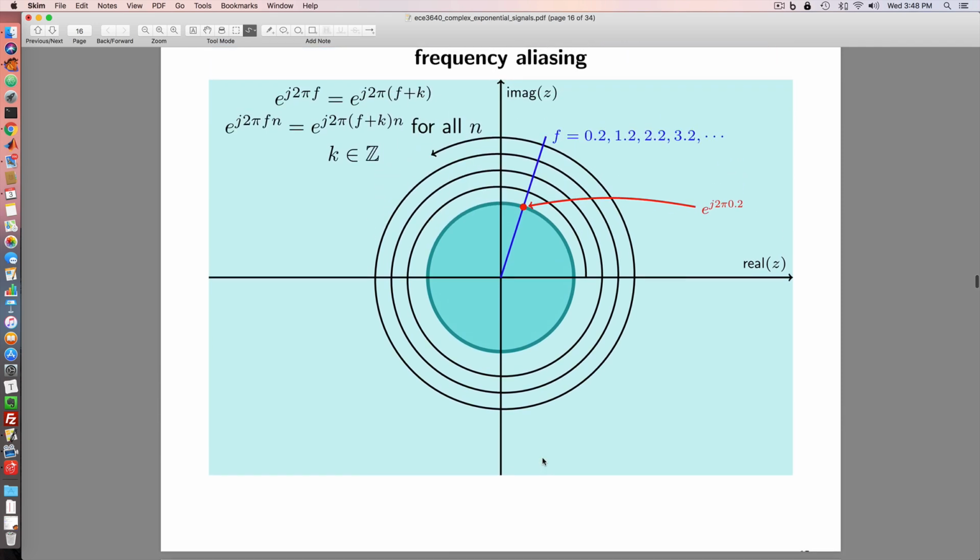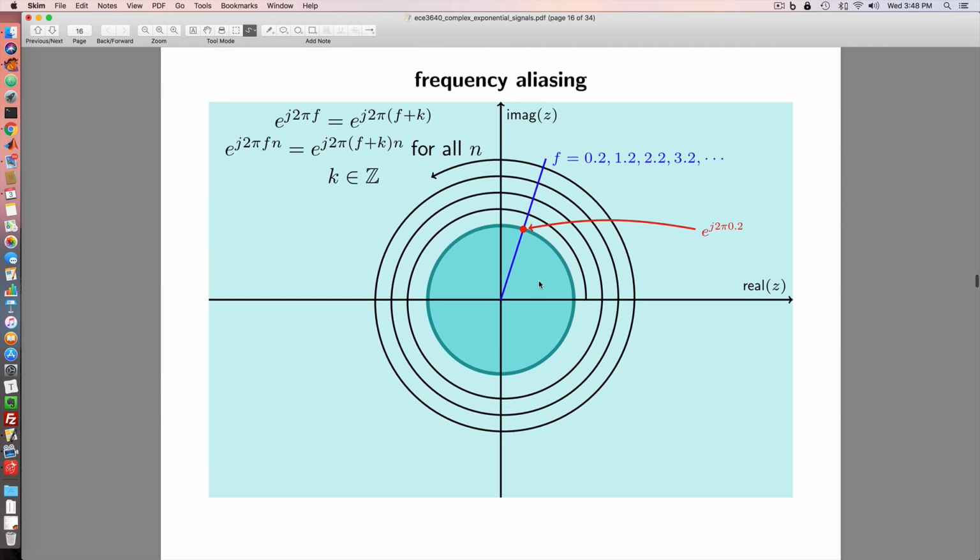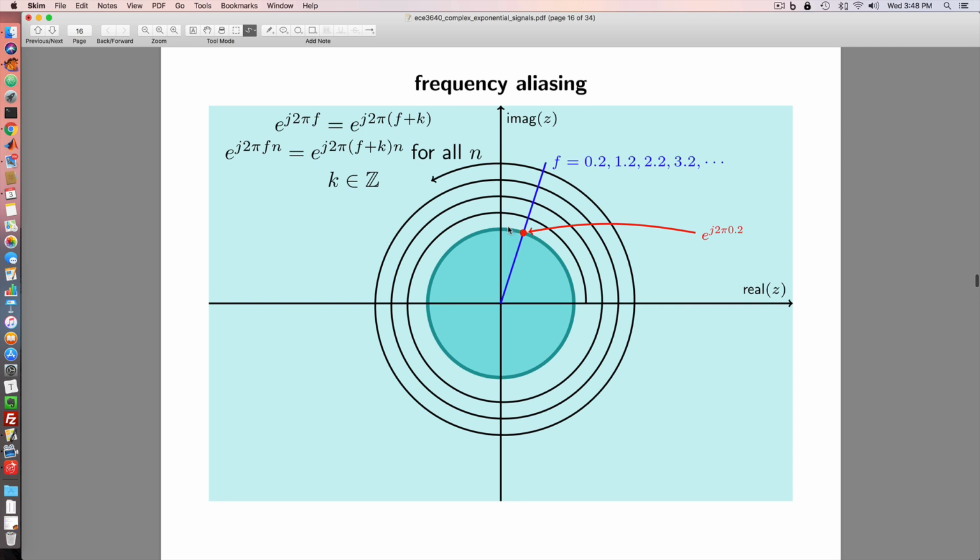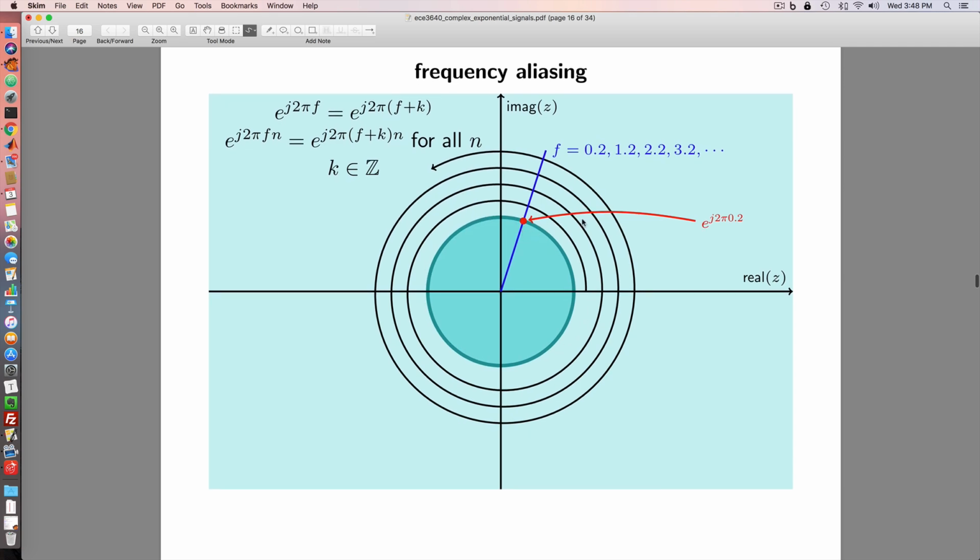And that's what I've tried to illustrate here. Here I've drawn the point, this complex number, e to the j 2 pi times 0.2. And that's that point right there on the unit circle. But if you go all the way around the unit circle again, you get to the frequency 1.2. And if you go all the way around a second time, you get to the frequency 2.2.